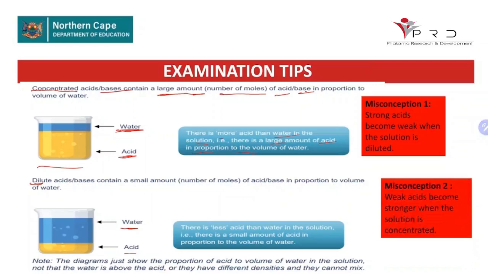It has nothing to do with the strength. I hope you guys will be able to remember these misconceptions and not fall for them in the examination. Please don't make this mistake of thinking that a strong acid will become weak when it is diluted. No, diluted just means that you have more water than the acid.